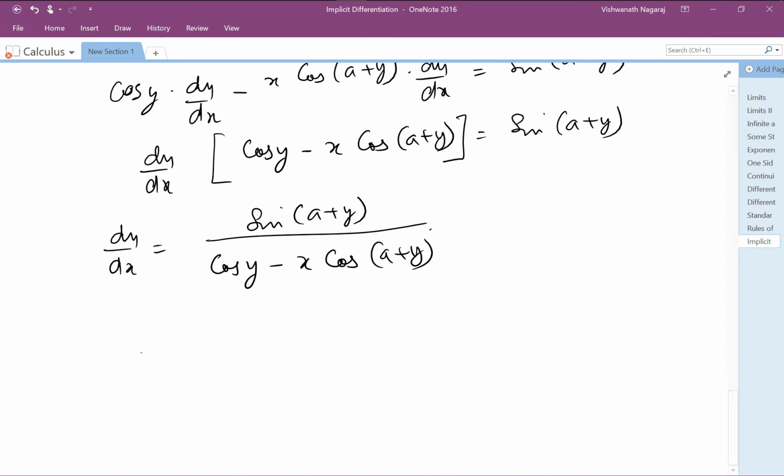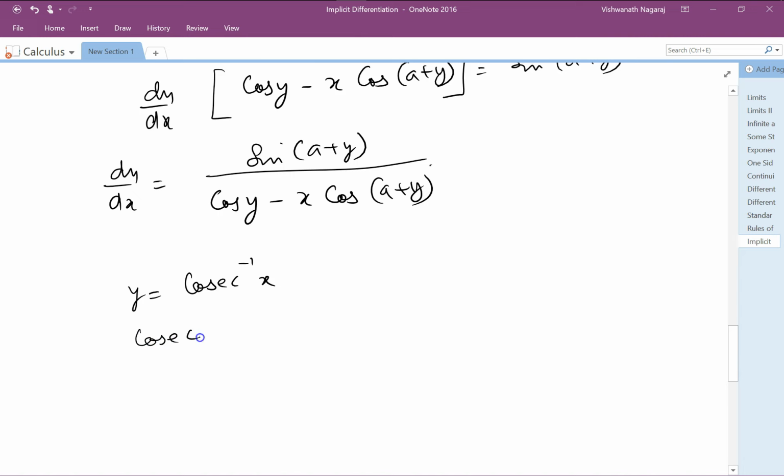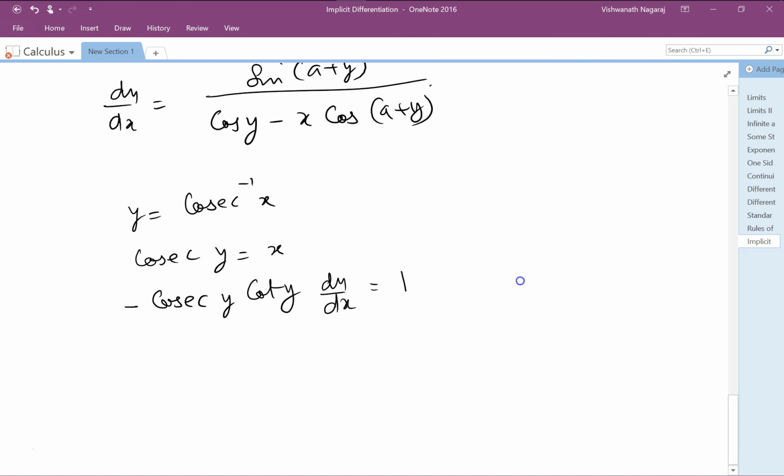We can differentiate inverse trigonometric functions very easily. Say for example, y is equal to cosec inverse of x. Which means we can say cosec y is equal to x. Just differentiate. What do you get? This would be minus cosec y cot y dy by dx equal to 1.